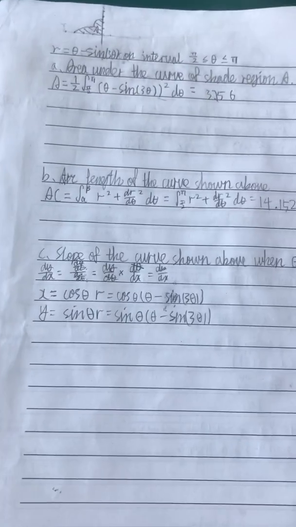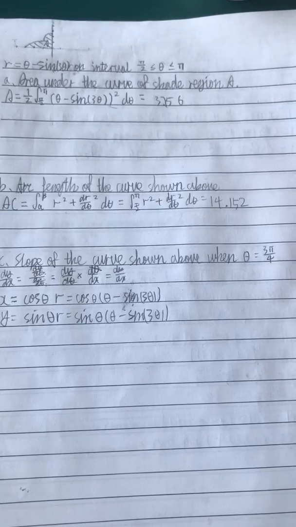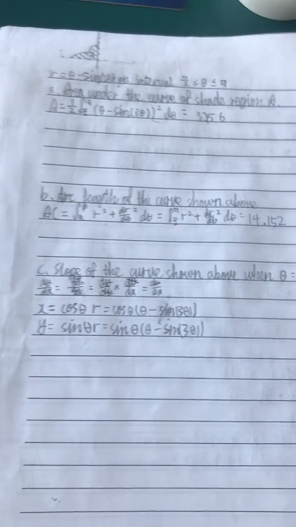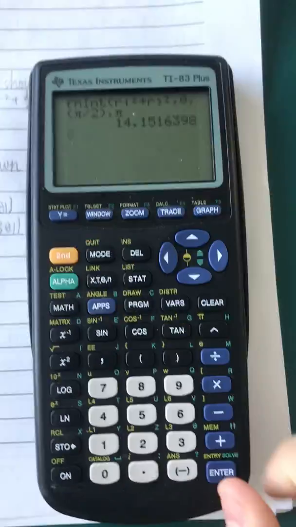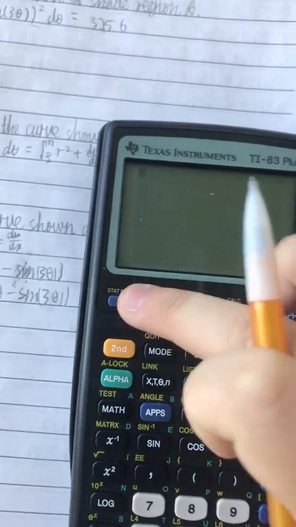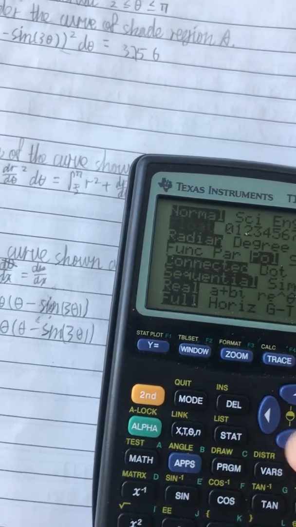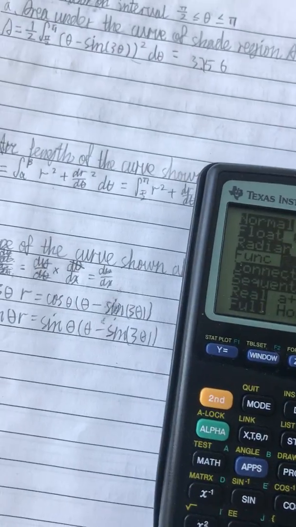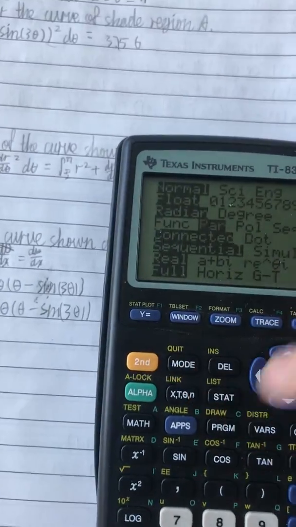Okay. So what we're gonna do is type this into the calculator. This time, we are going to use the parametric mode, since it makes more sense to me, at least.